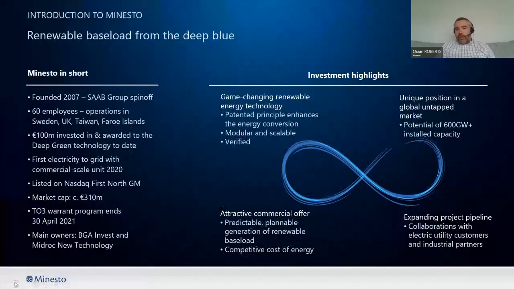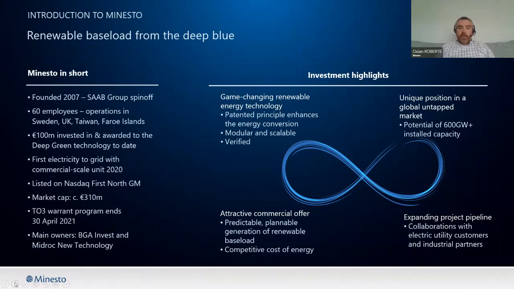Okay, perfect. So a little bit of history from Minesto, for those of you who don't know. Founded in 2007 from Saab Group, and there are around 60 employees on the different Minesto sites we have around our global footprint as a company. We've had a significant investment towards developing the Deep Green technology to date.